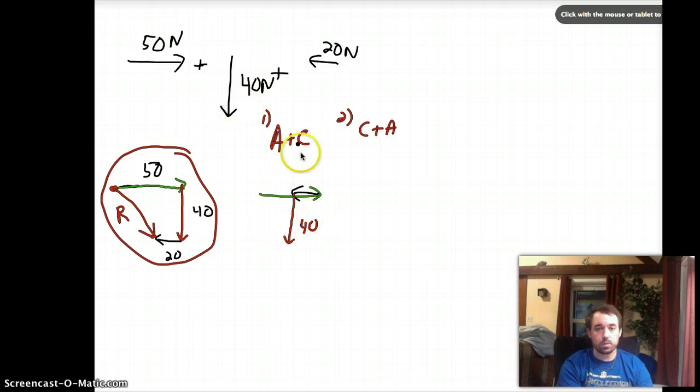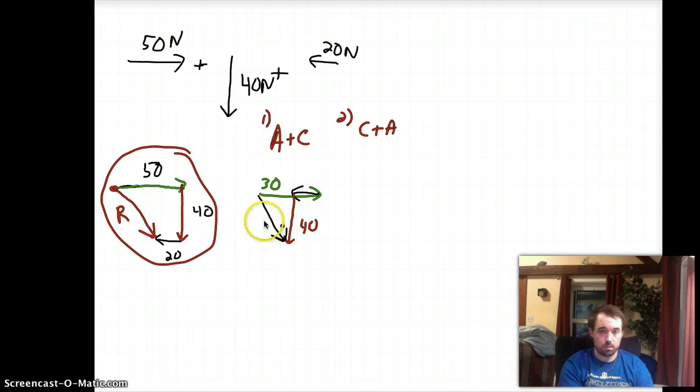So 50 to the right, 20 to the left, so that's going to be a 30, and my result now is the same thing. All I did is move this 40 over a little bit.